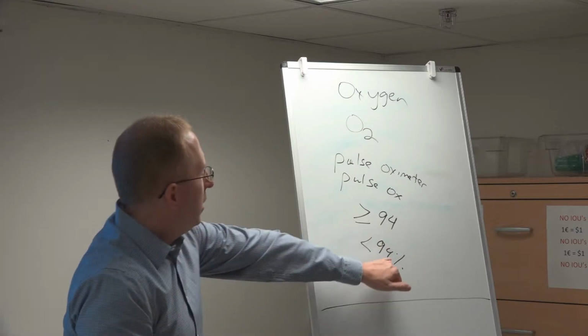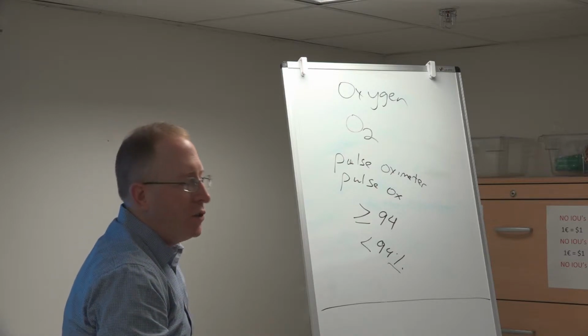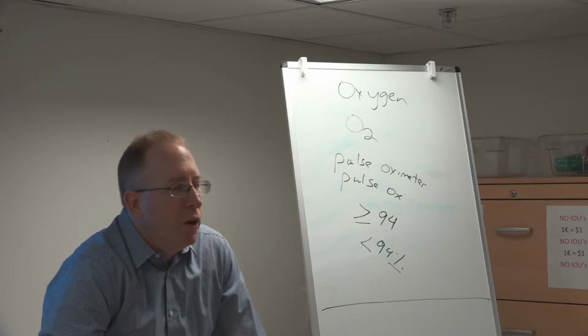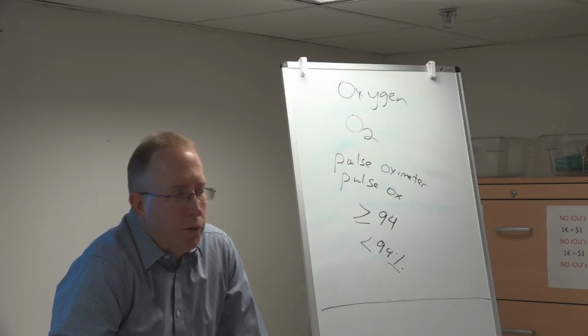Okay, and we use the term percent because it talks about the percentage of hemoglobin that is saturated with oxygen. So 94% of the blood is saturated with oxygen.